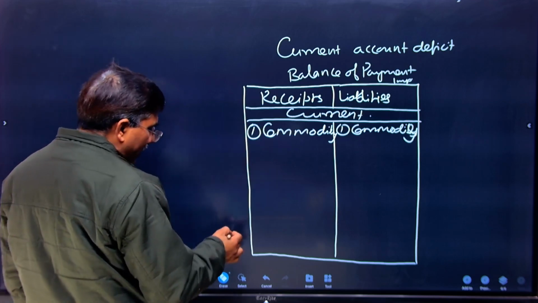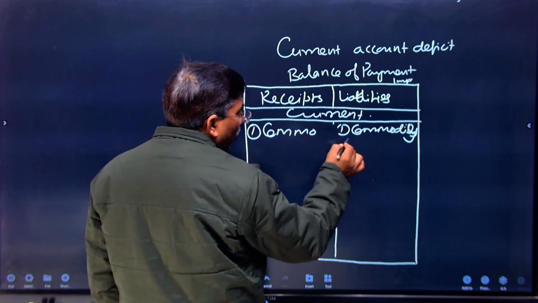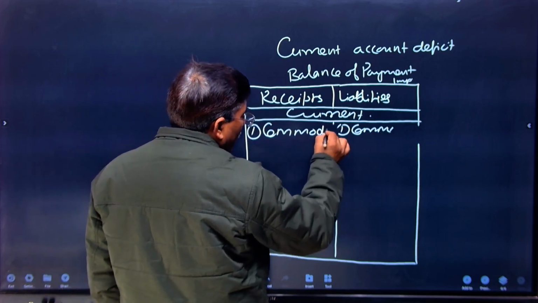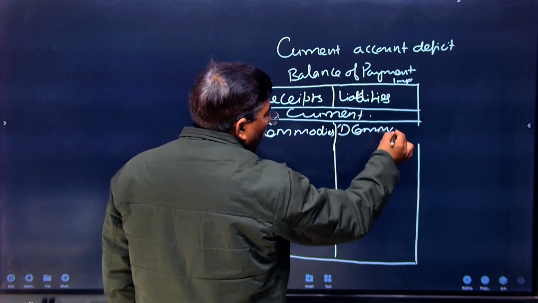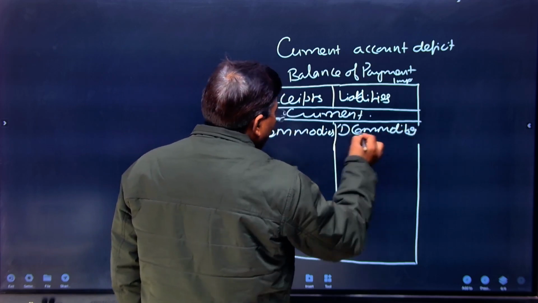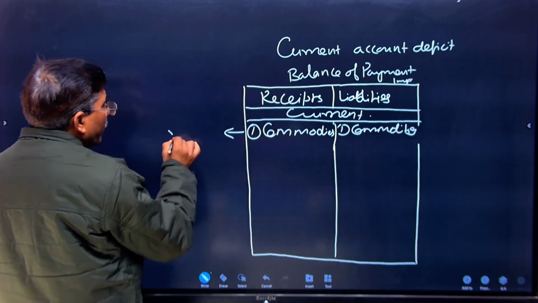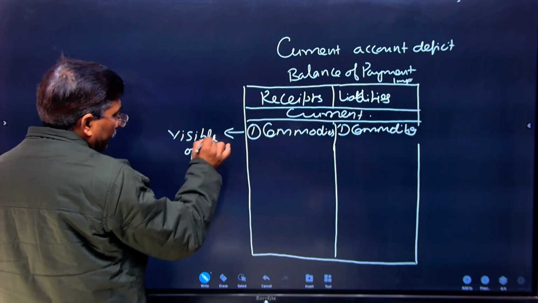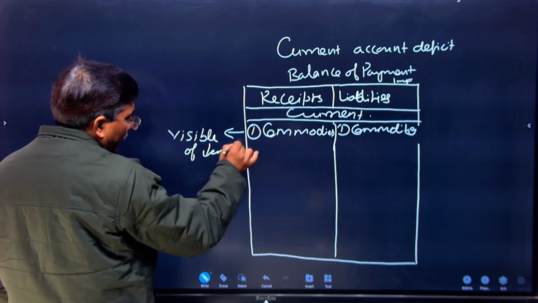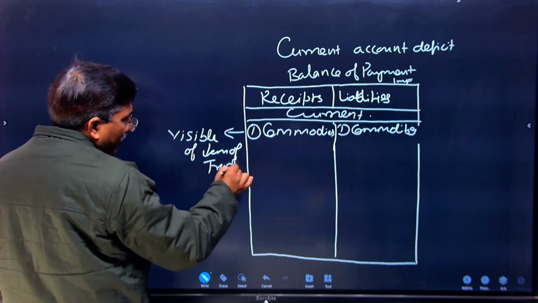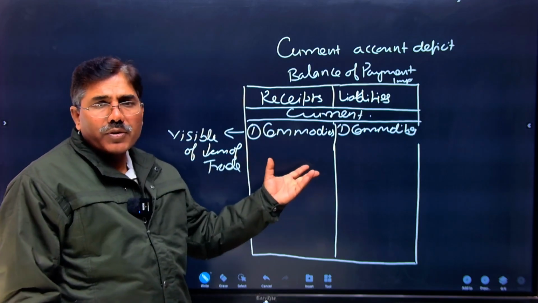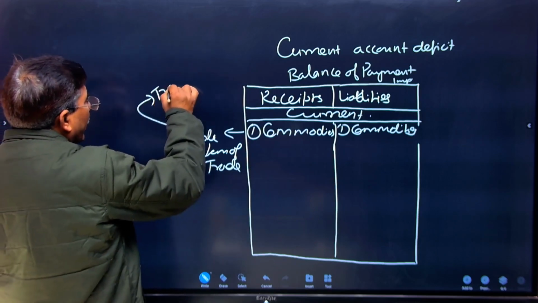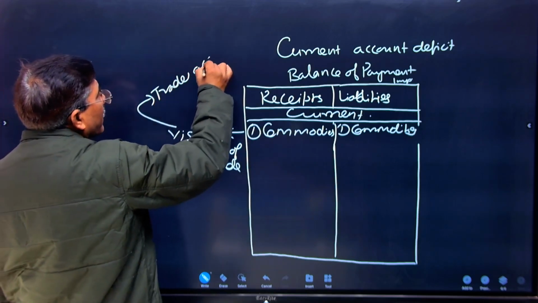This is known as the visible items of trade. And the difference between the export and import of commodities is generally known in economics as the trade account deficit.